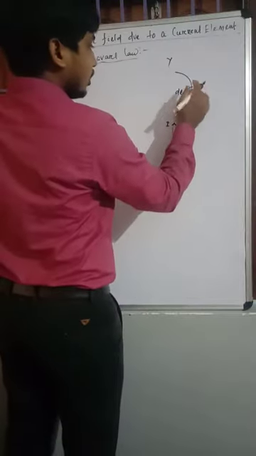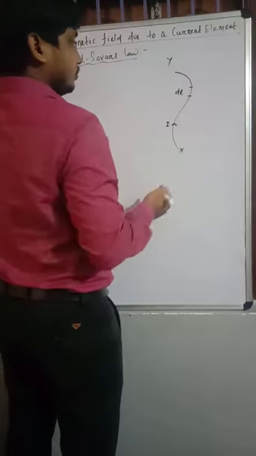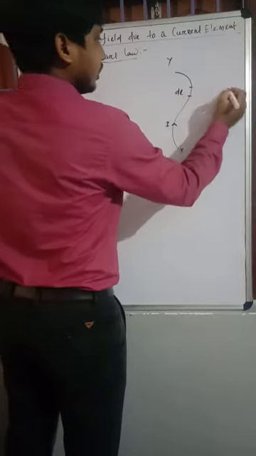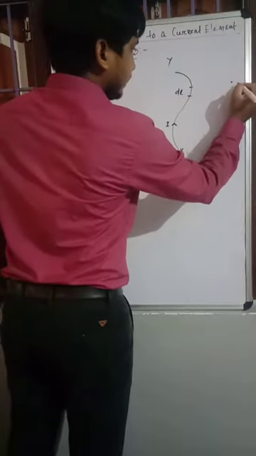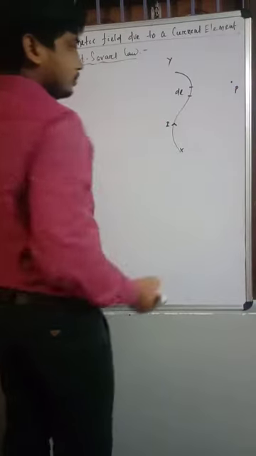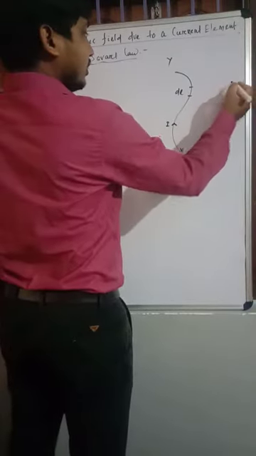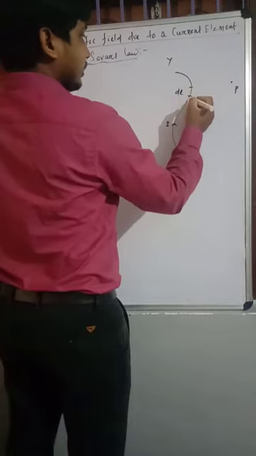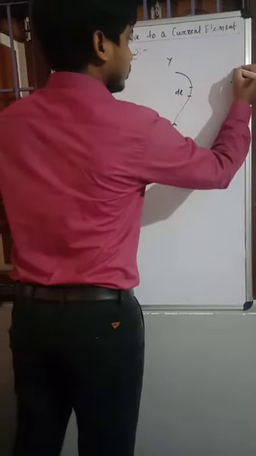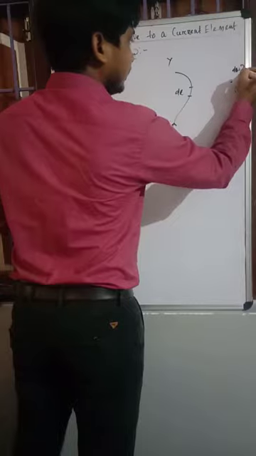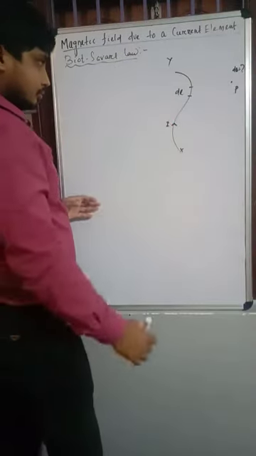So this is the small element dl, and let another point P be present. At this point we need to find the magnetic field due to this small element. So we need to calculate the value of dB here.